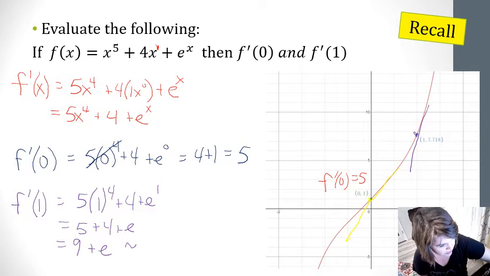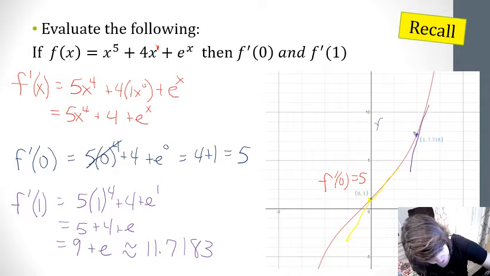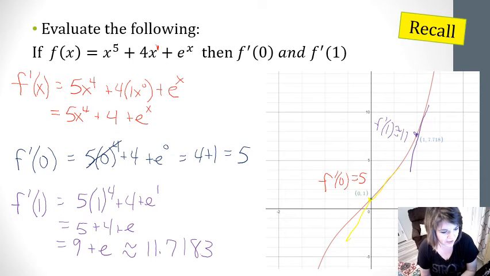If you put that in your calculator, that is approximately 11.7183. So this slope is about 11. It is quite a bit steeper than the first slope.